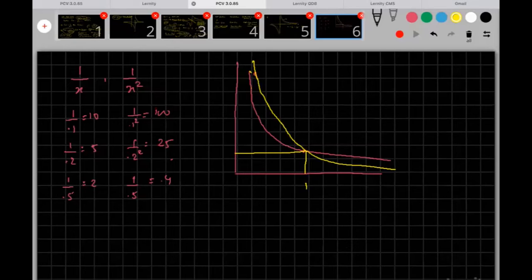Okay, then when I'm comparing, I'll see that 1 by x will be greater than 1 by x square. So this is the curve 1 upon x, and this is the curve 1 upon x square.